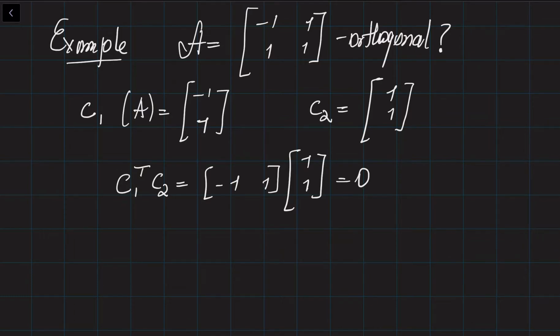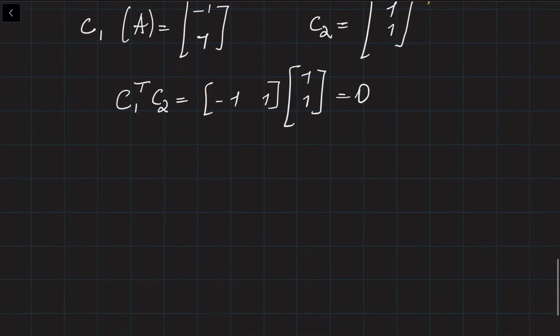But at the same time, this matrix A is not orthogonal. The reason is that the columns of this matrix A are not unit. So we can get an orthogonal matrix from this A by just normalizing its columns.